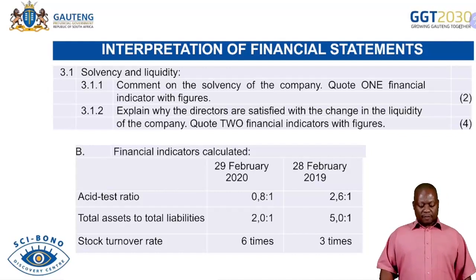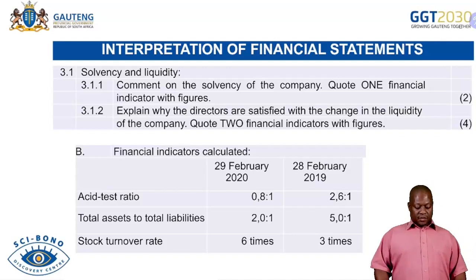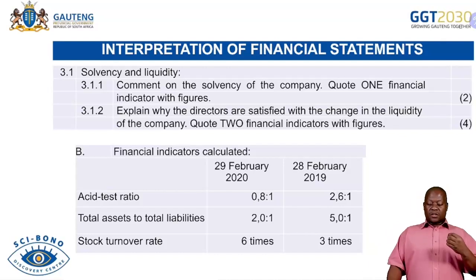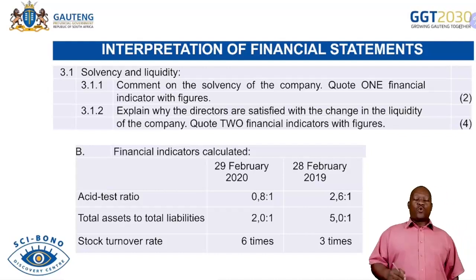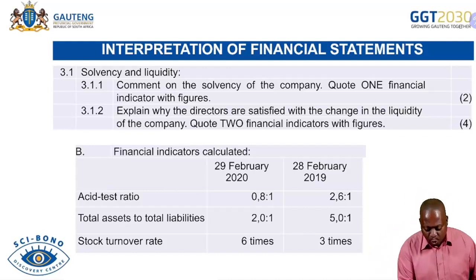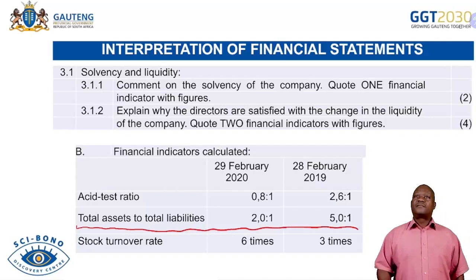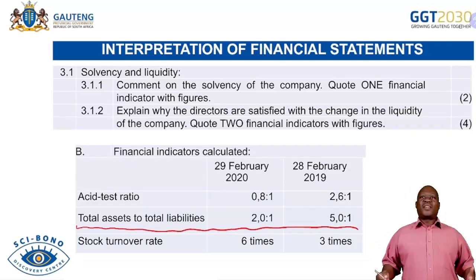3.1.1 says, comment on the solvency of the company. Quote one financial indicator with figures. There you are. You want to comment on solvency. Now, what is it that you are looking at? This is the only indicator that has got something to do with solvency. So what are you really doing there?